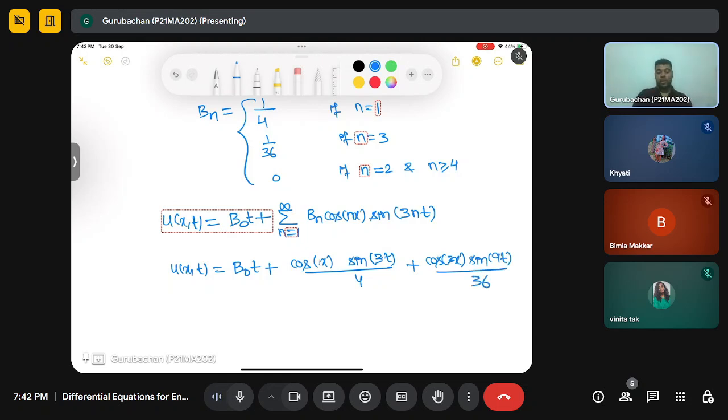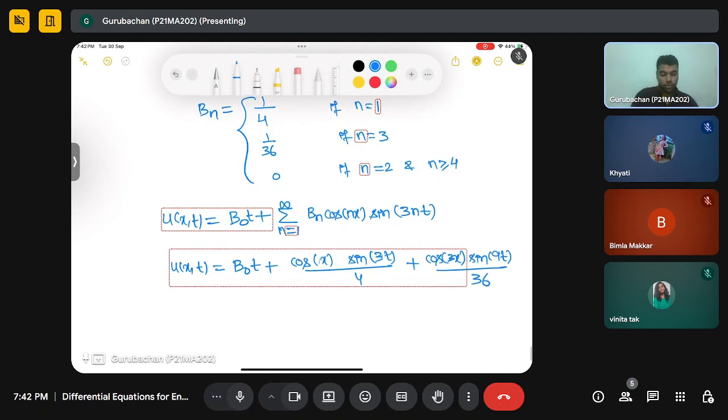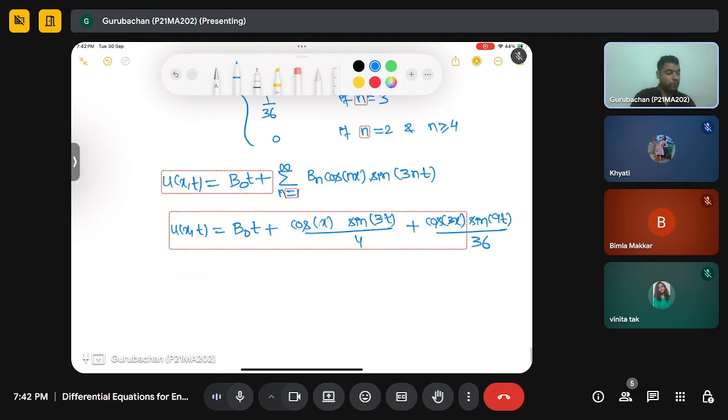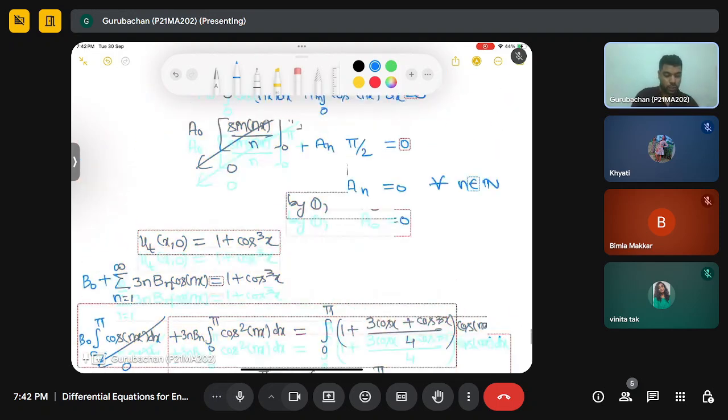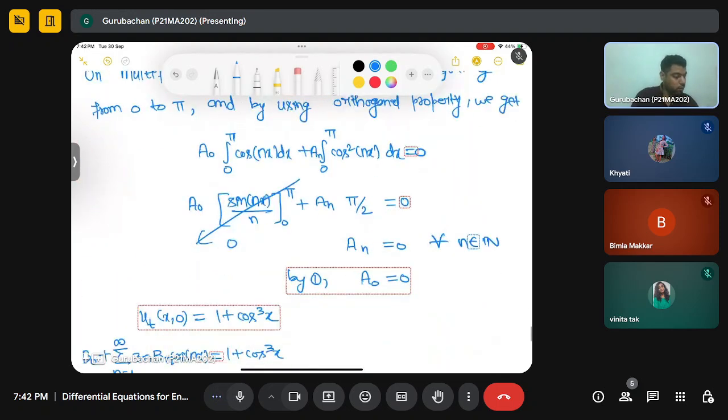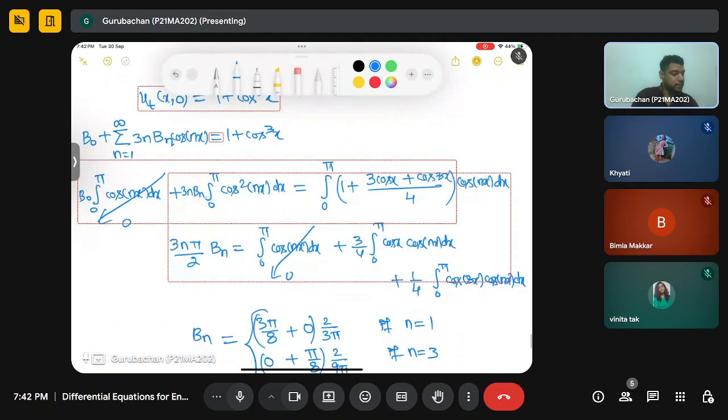Okay, so here your b naught is still not calculated. So for b naught, what you have to do is substitute these values in the given equation. This was your equation.